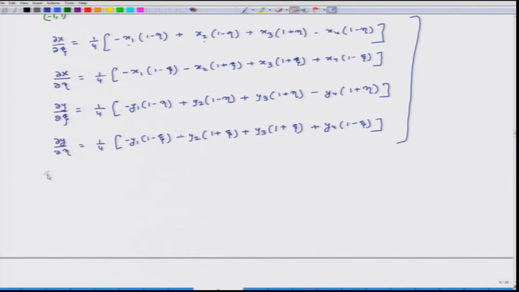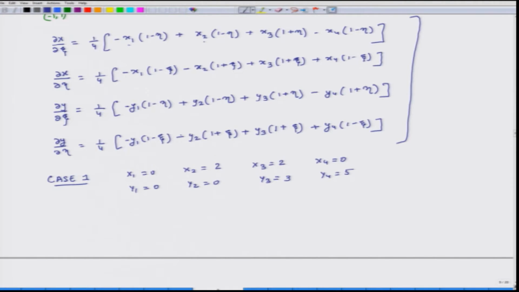So, case 1. x1 equals 0, x2 equals 2, x3 equals 2, x4 equals 0, y1 equals 0, y2 equals 0, y3 equals 3, y4 equals 5.